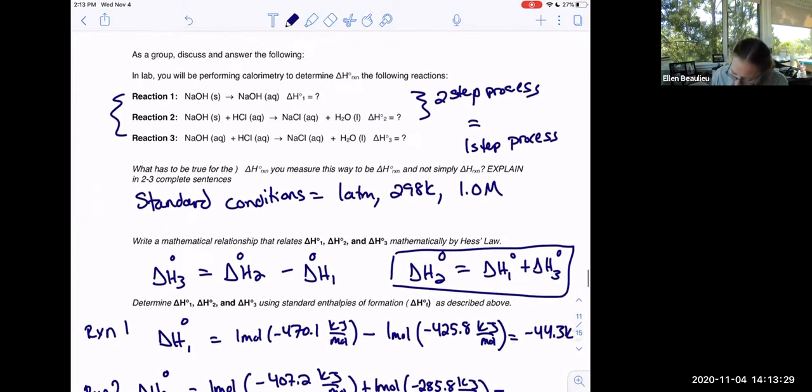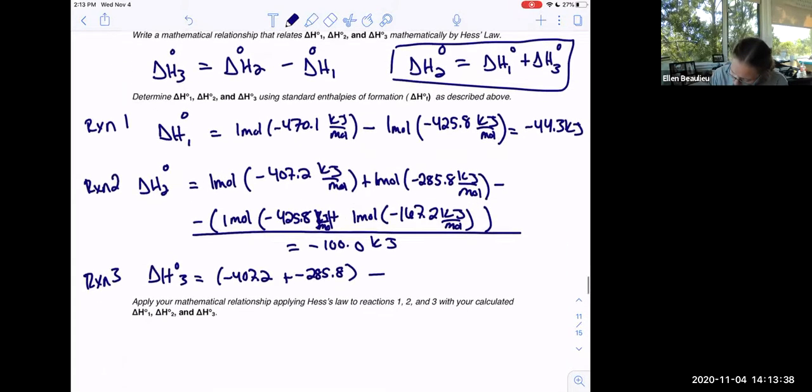But we have different reactants for reaction 3, so sodium hydroxide aqueous and hydrochloric acid aqueous. So we're going to subtract this time negative 470.1 plus negative 167.2.